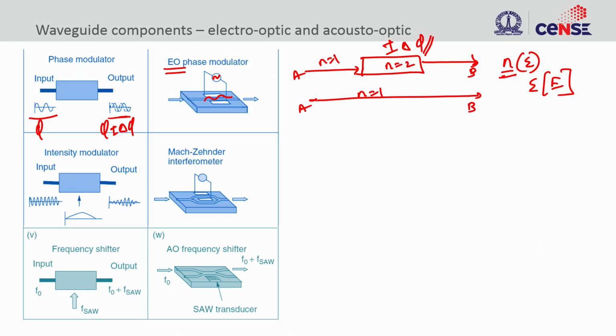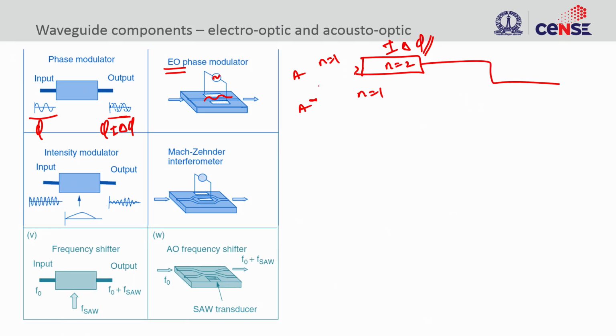So, when you apply a DC, you should be able to change this phase only in one direction, all right. So, what are all the other things that we can do by using this electro-optic phase change? By just taking the same configuration, I can take this and combine these two.